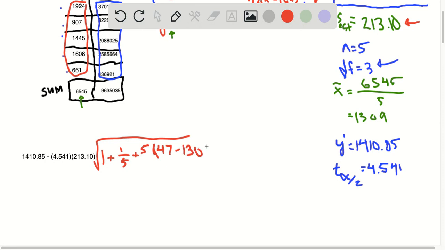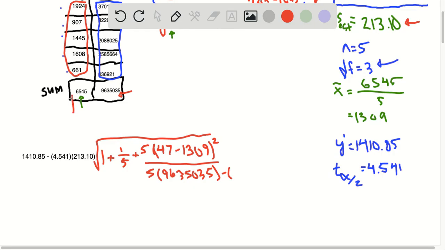1,309, right there, squared, divided by our n, which is 5, once again, 5, times the sum of all of our x squared, which in this case is going to be 9,635,035, minus the square of the sum of our x's.